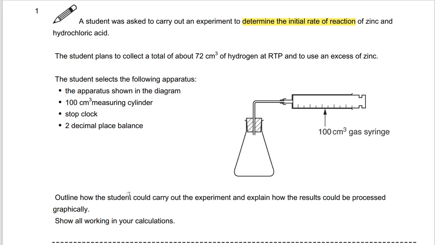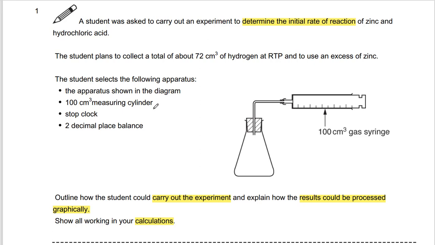You have to decide how they're going to carry out the experiment, explain how the results can be processed graphically, and a really important bit is they put the word calculations. If you're not doing any calculations when answering this question, then you're doing something wrong. That's a big hint right there. It's telling you that there's going to be some calculations in this question.